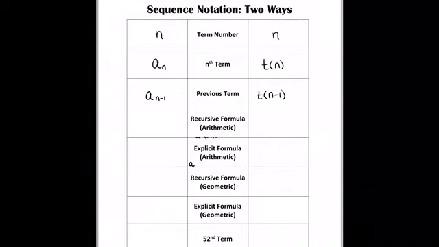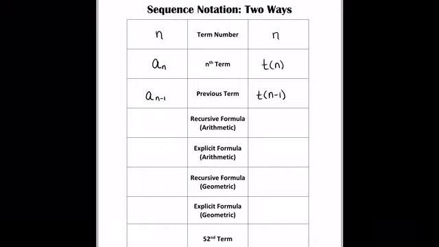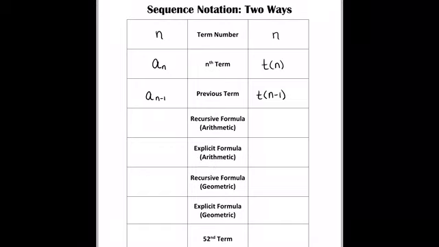Now, when we are looking at a recursive formula, there are two pieces of information that we have to define for a recursive formula. We need to define the first term, and we're going to need to talk about that common difference. So when we are looking at the notation we've been using, we would have two pieces.